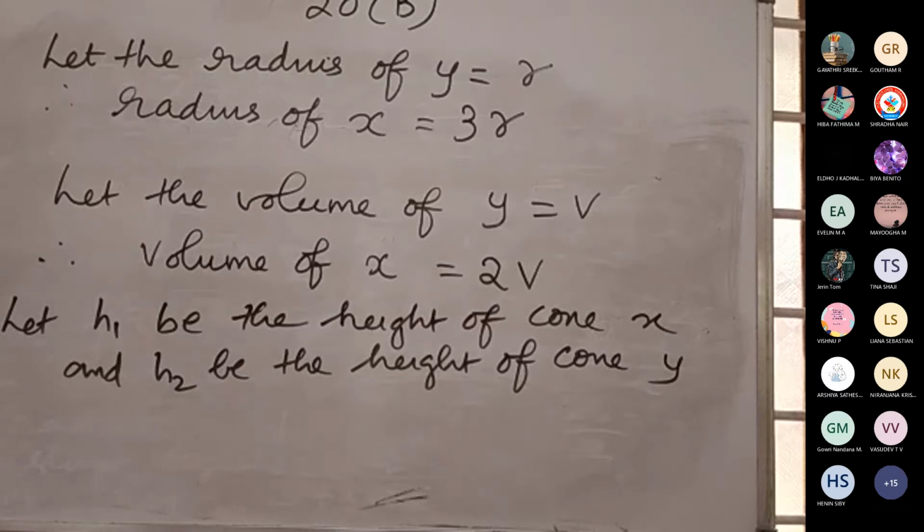We know the formula: volume of cone is equal to 1 by 3 pi r square h. We have to find the volume of cone X and the volume of cone Y. Then only we can find the relation between the heights. Up to this, what is your doubt? Tell me.